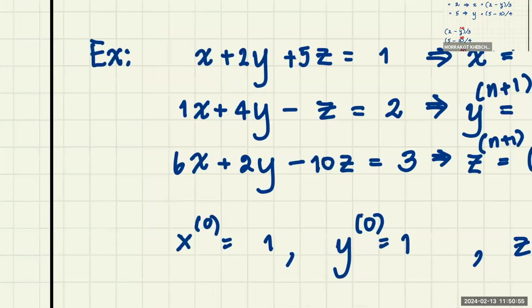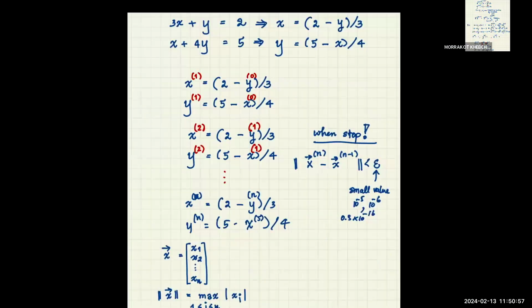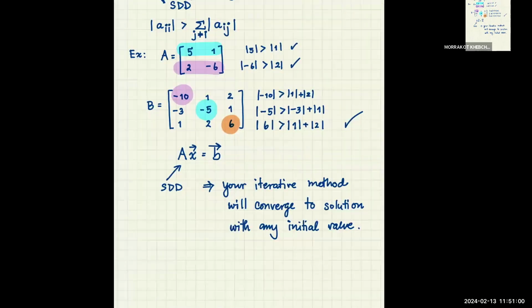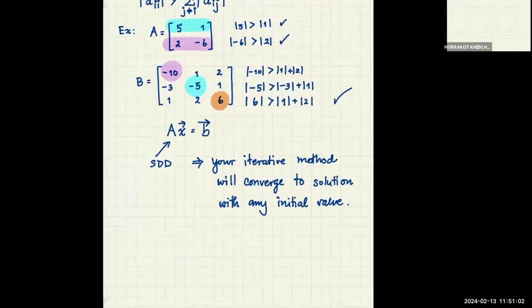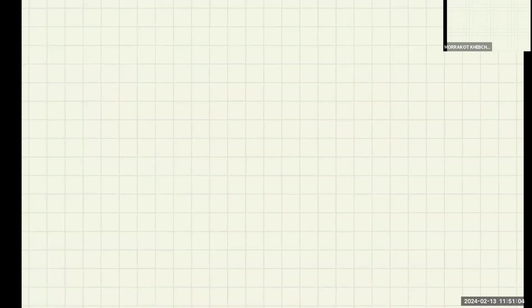Okay, so let me just show you that if I have some problem with strictly diagonally dominant 3 by 3, the iterative method will work, okay? The first example does not work. Okay. If I have maybe 10x plus y minus 2z equal to 1.